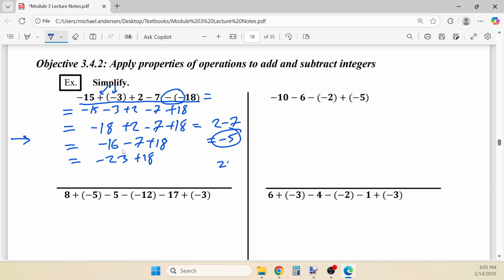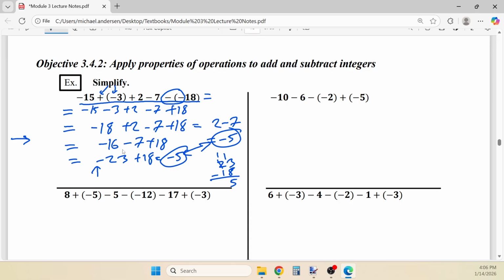That's the 23. I subtract the 18. I can't take 8 from 3, so I borrow. 13 minus 8 is 5. 1 minus 1 is 0. The bigger number was negative. That means that my final answer is negative 5, which is what I got from my earlier method.